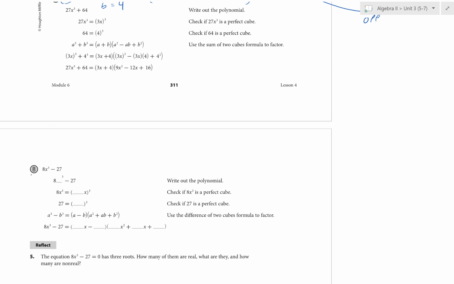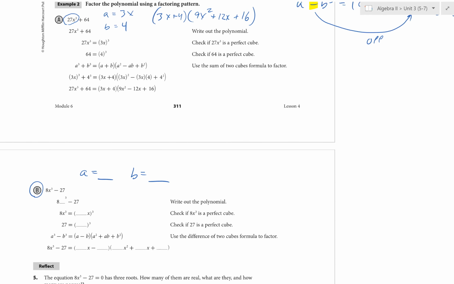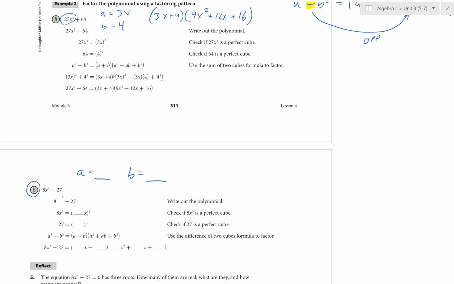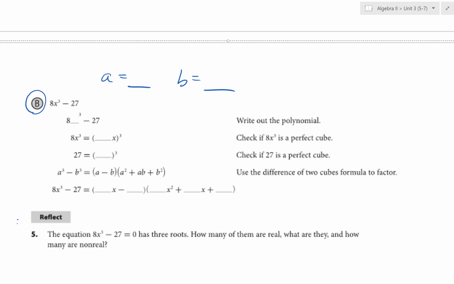All right, try example B. You can either fill in the blanks or just do it on your own, but I would suggest before you do anything, decide as a group what is A and what is B, and then use the appropriate equation to factor it. Okay, Matthew, what quantity should we cube to get 8x cubed?